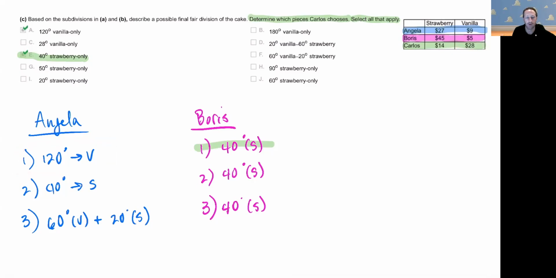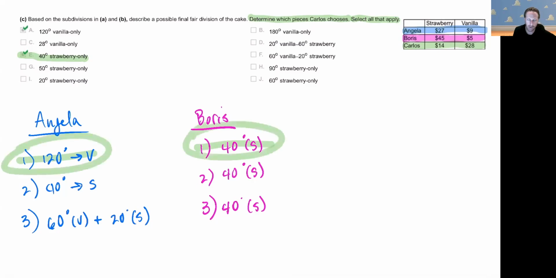Now, how could we figure all that out? We could go through the same things that we did in the previous part B. Okay, but it's pretty obvious he's going to choose this, just like it was in part A for Boris, and which one he was going to choose. So for this, pretty simple, not too bad.